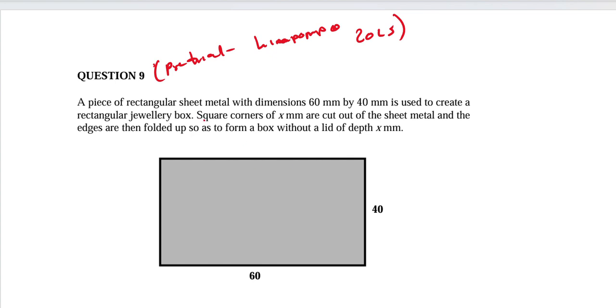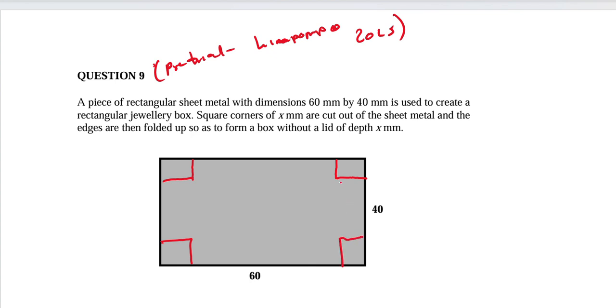So they say square corners of X millimeter are cut out of the sheet metal and the edges are then folded up so as to form a box without a lid of depth X millimeter. They cut the square corners.